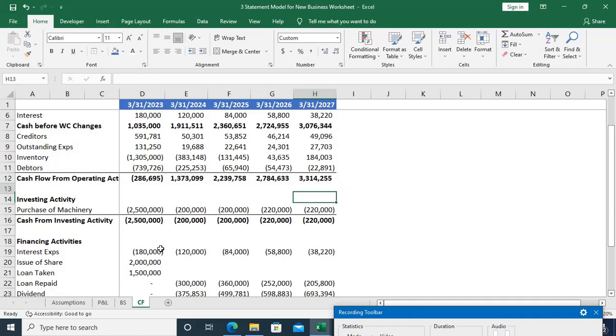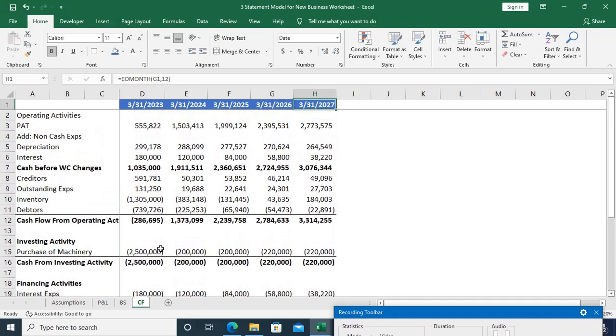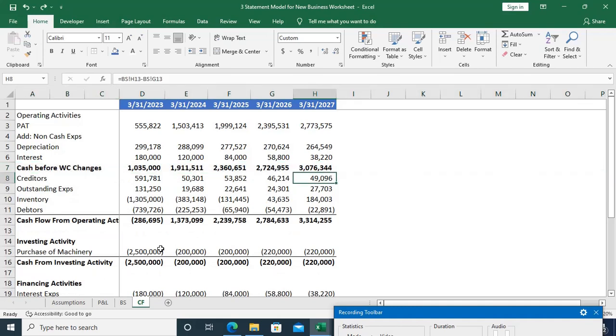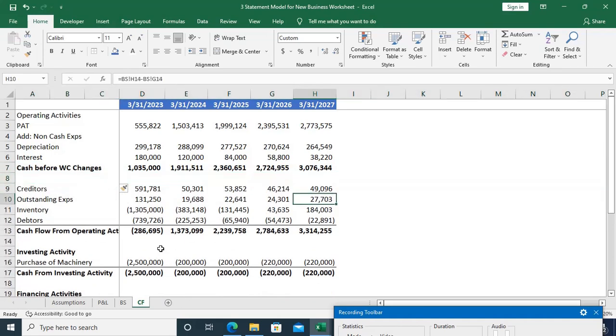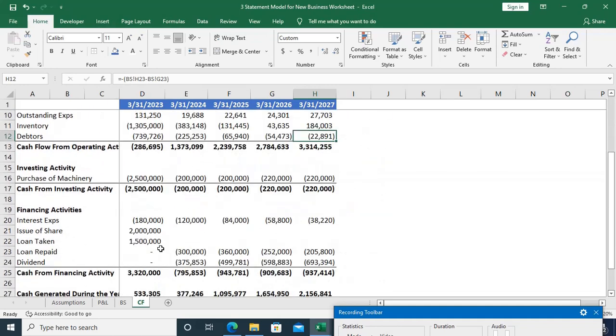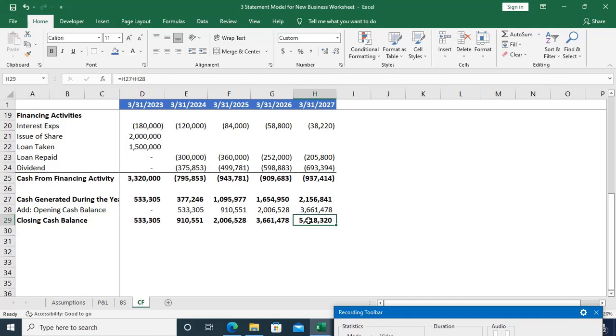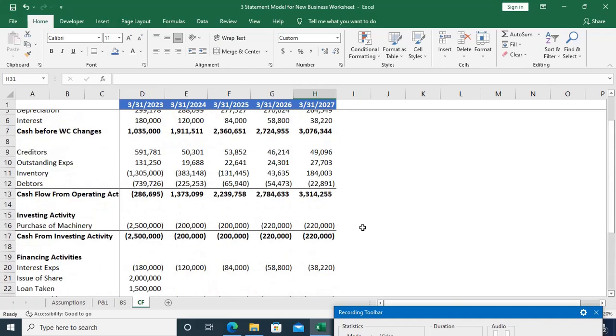So this is also bold. Cash before working capital changes. You can make it a bit presentable as you would like to design it, and then the closing cash balance. Alt HBU. So this is how you can make it.